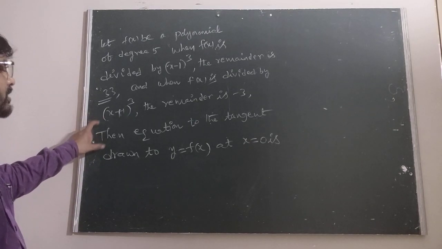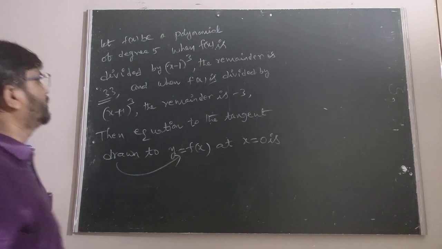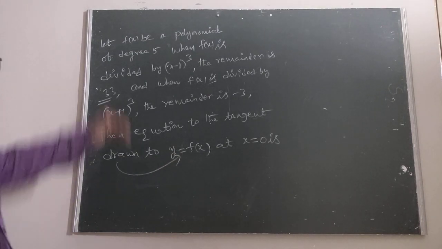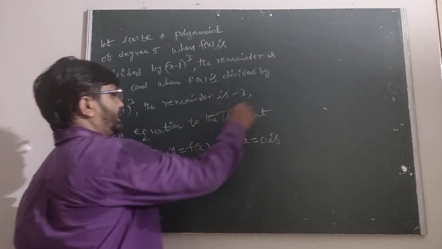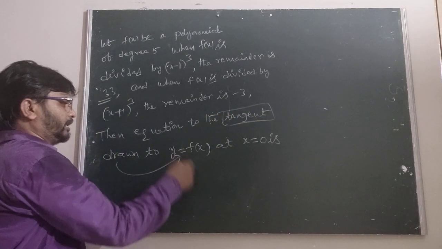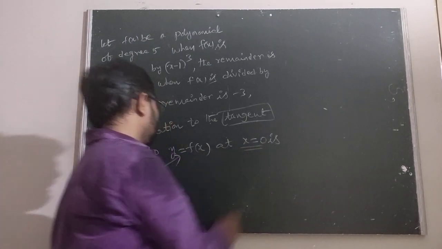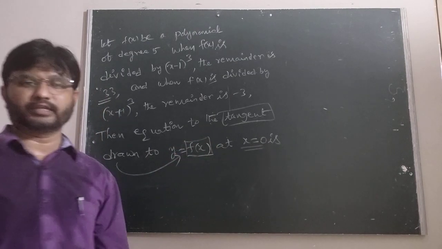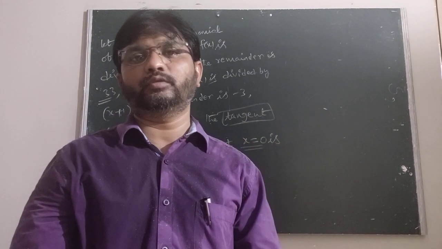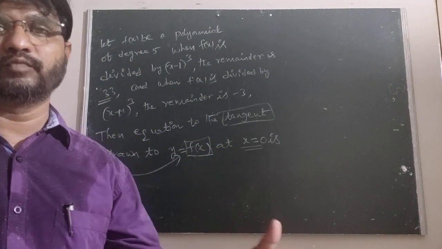Then we need the equation of the tangent drawn to the curve y equal to f of x at x equal to 0. We know how to find the tangent from first year.